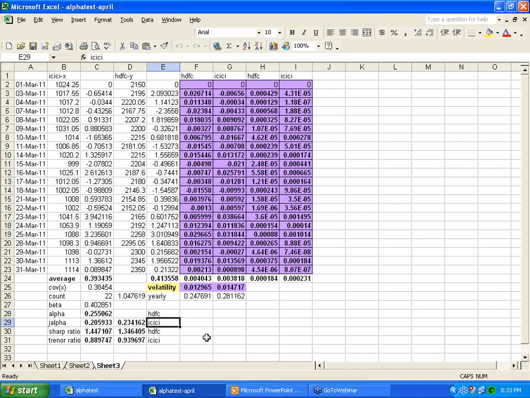What is alpha suggesting? Alpha is suggesting HDFC. So out of these four ratios, two ratios are in favor of HDFC and two ratios are in favor of ICICI Bank. So these ratios are now neutral, because 50% of the view is in favor of HDFC and 50% in favor of ICICI.